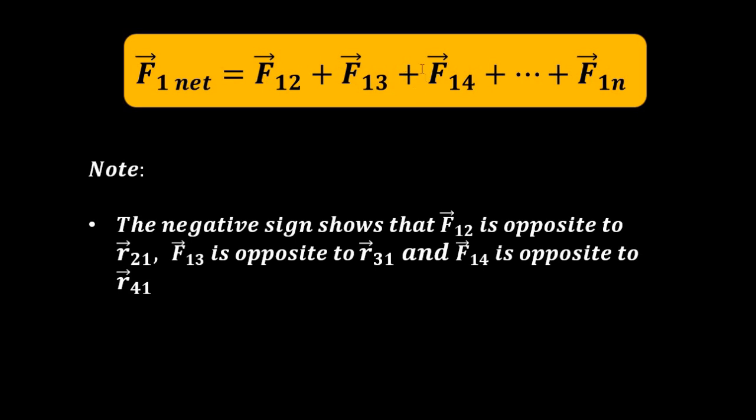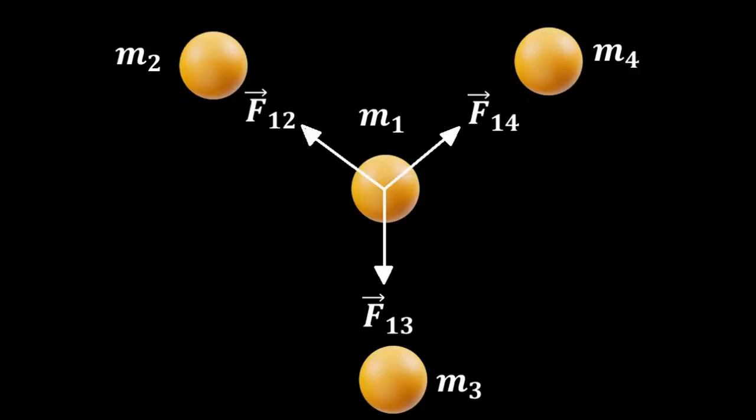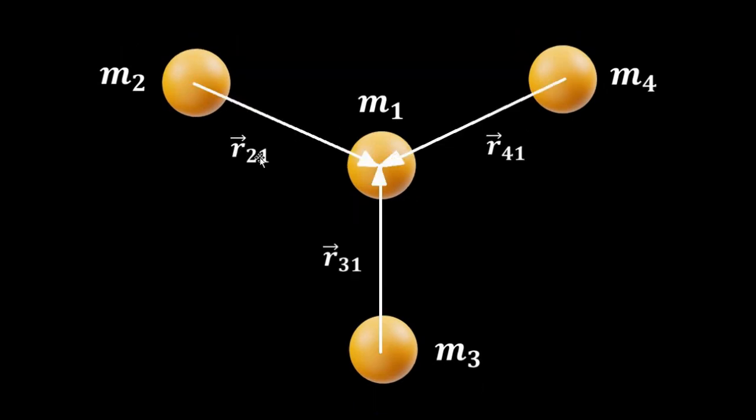Now here I always said that the gravitational force always acts in the opposite direction to the displacement vector. So for example, F12 vector, gravitational force exerted on mass m1 by m2. Here the displacement vector will start from m2 to m1, R21 vector, opposite to F12 vector.